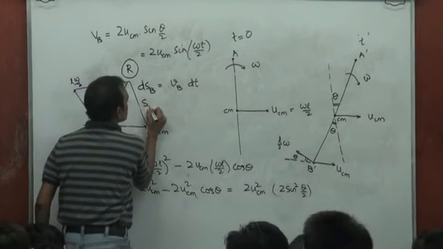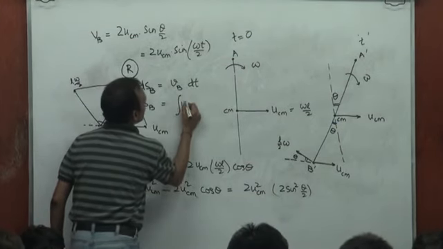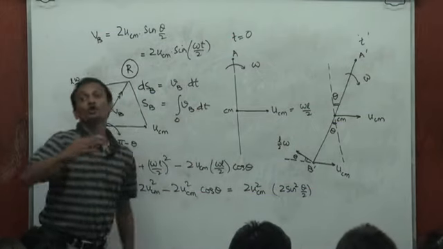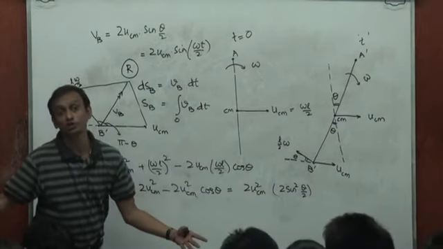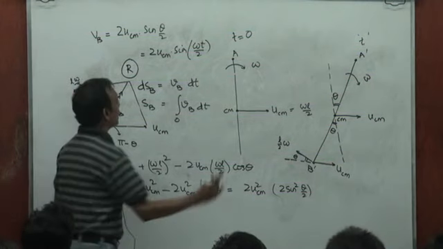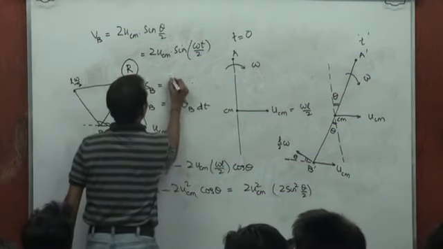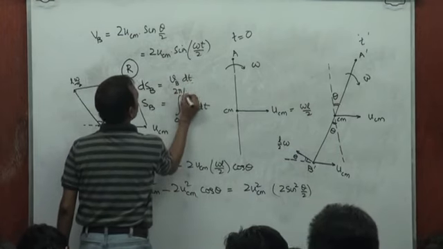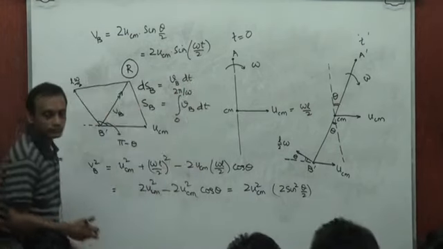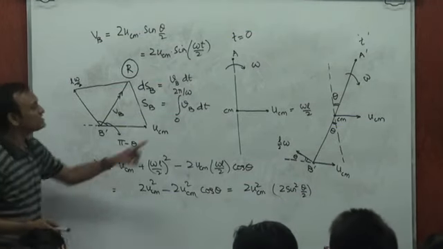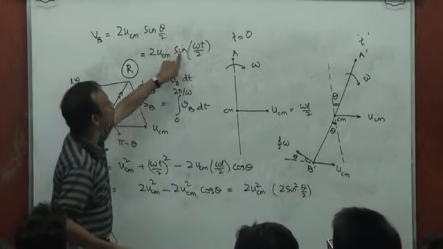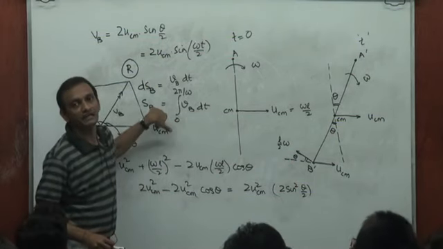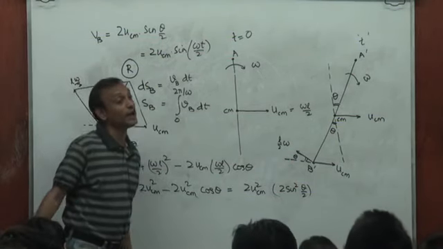So the total distance covered by B is going to be integral Vb dt, where t runs from 0 to 2 pi by omega. Yes or no? Easy to integrate. Vb you can plug in as 2 UCM sine omega t by 2 into dt, and you can readily integrate to find the distance covered.